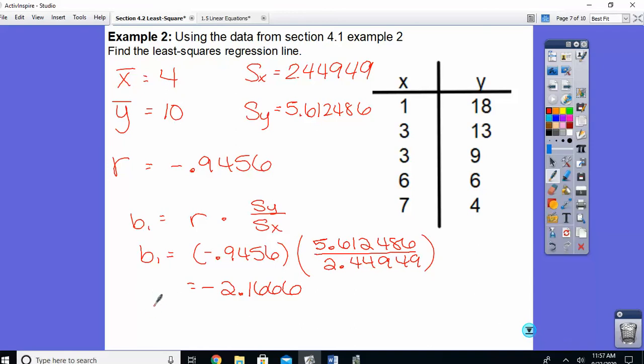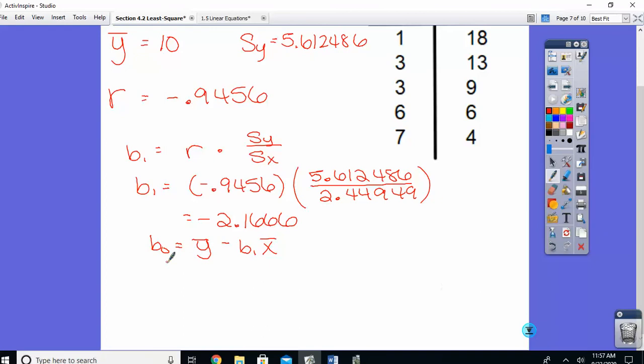Then we need our y-intercept, our b sub 0. Looking at your formula sheet, that's y bar minus your b sub 1 times x bar. So our y bar was 10, b sub 1 we just calculated, x bar is 4.